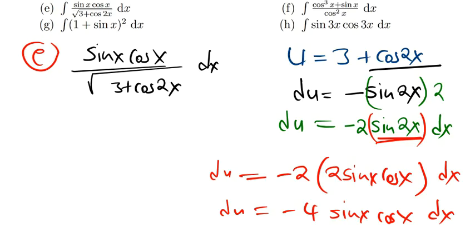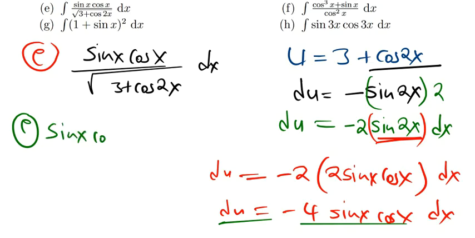So if you make dx the subject of the formula, you divide both sides by negative 4 sine of x cosine of x, you're going to end up with sine of x cosine of x over the square root of 3 plus cosine 2x. I'm just dropping that.